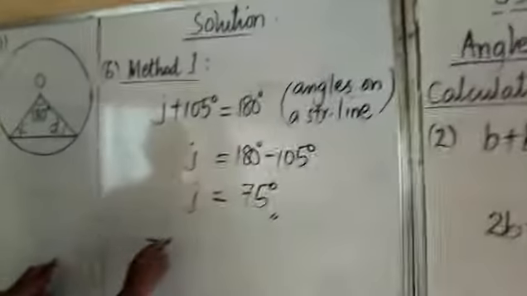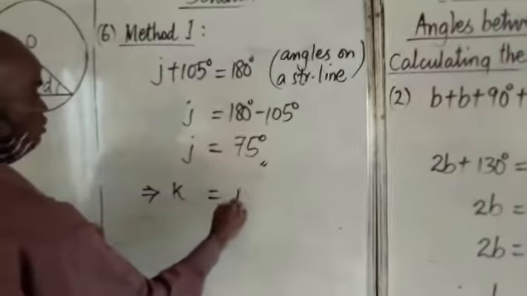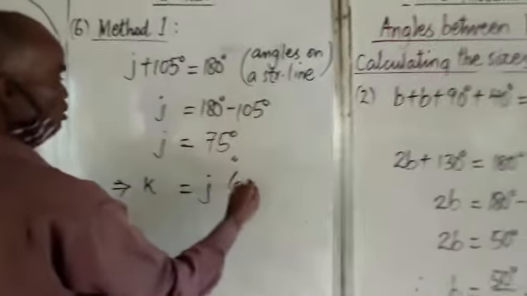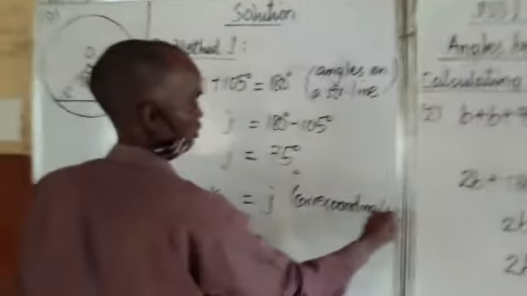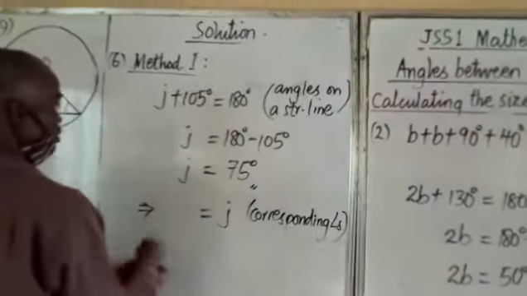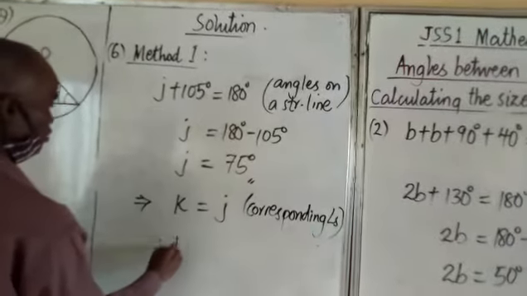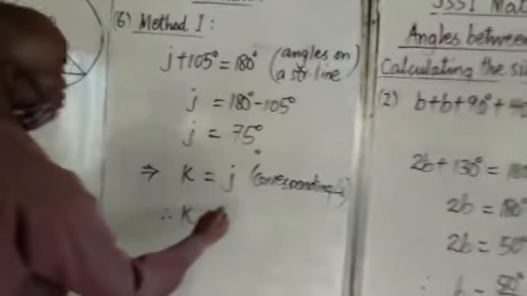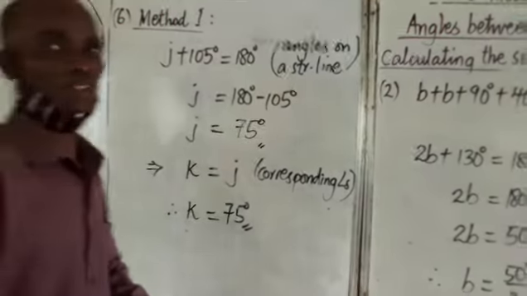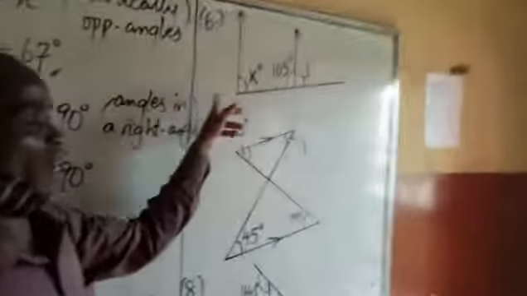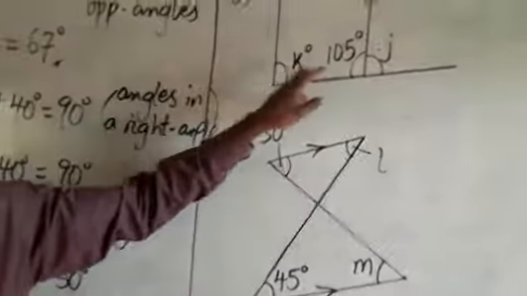K is equal to J, corresponding angles. Therefore K is equal to 75 degrees.